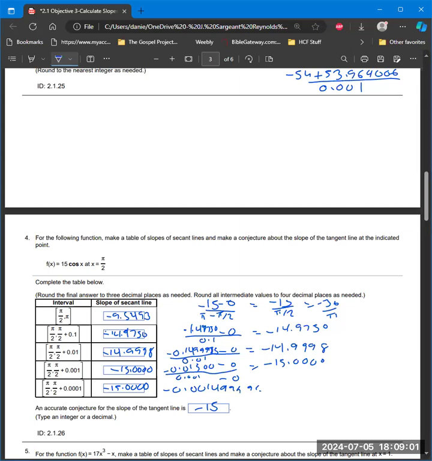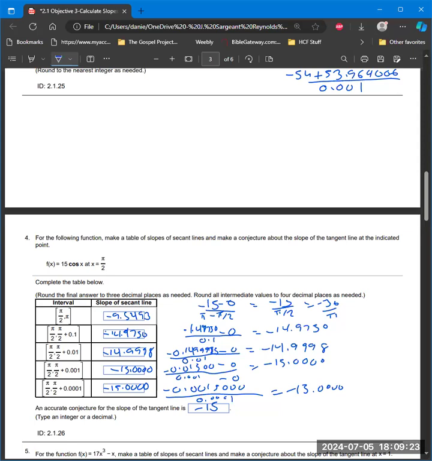There's a whole bunch of 9s here. So this is basically negative 0.0015 over 0.0001, which is a negative 15 point that.